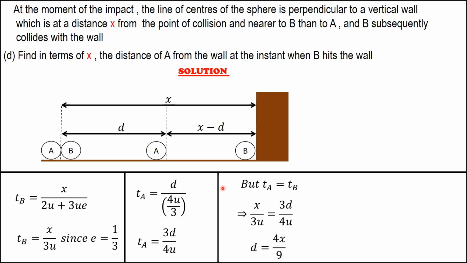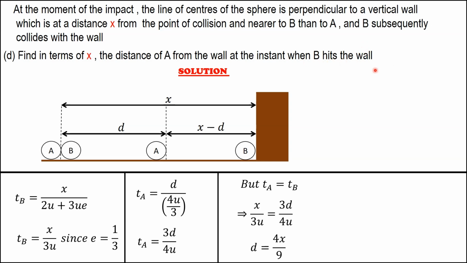And since we have D, we can therefore obtain this difference, which is the distance of A from the wall at the instant when B hits the wall. Because at the instant when B hits the wall, this condition is satisfied and valid, which enables us to equate these times.